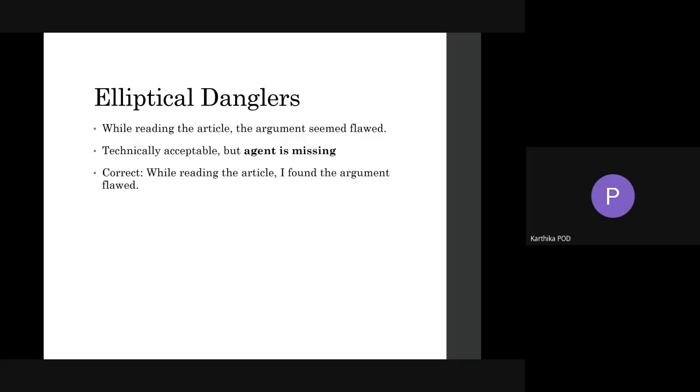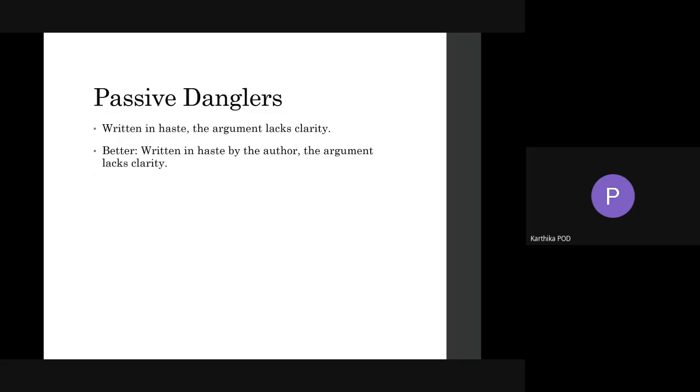It could be anything, right? But make sure that with the first phrase that you have, while reading the article, you got to keep your agent or the subject intact, and then follow it with the rest of the clause.